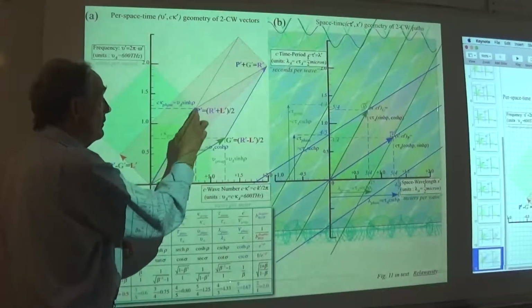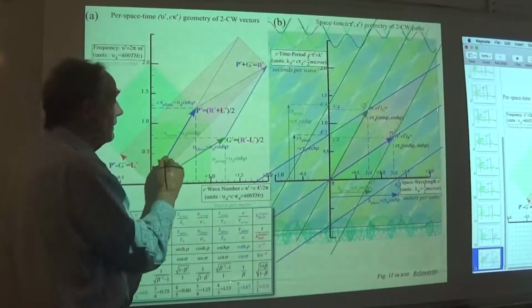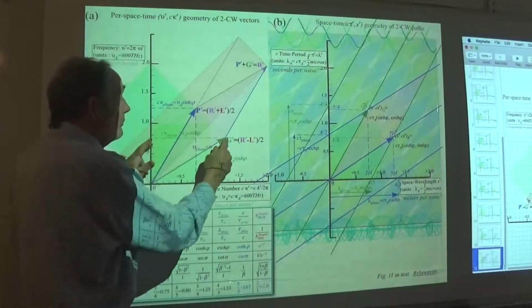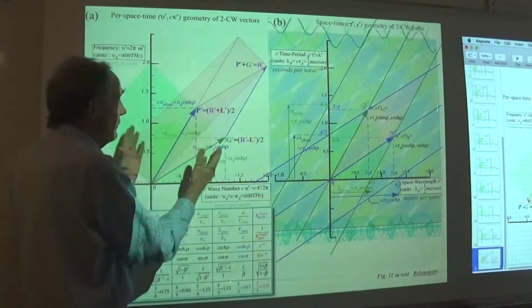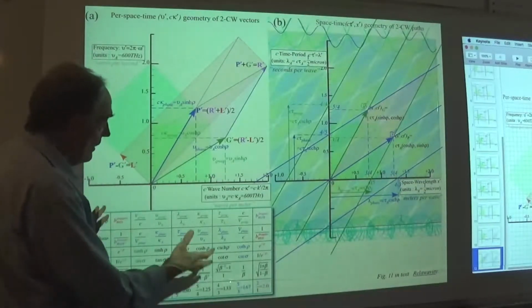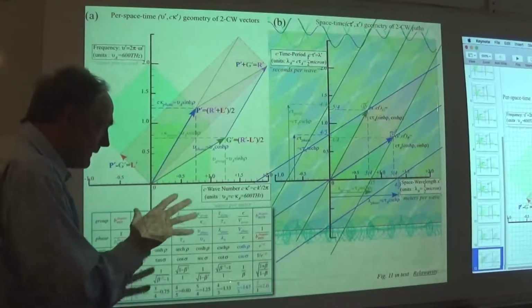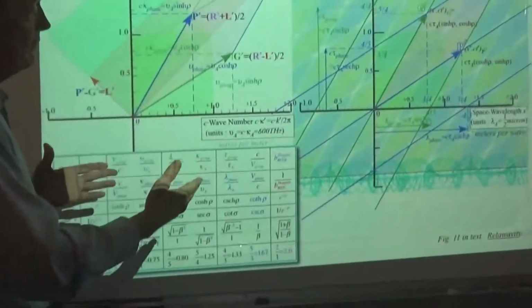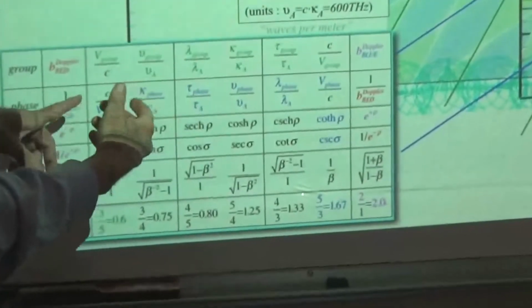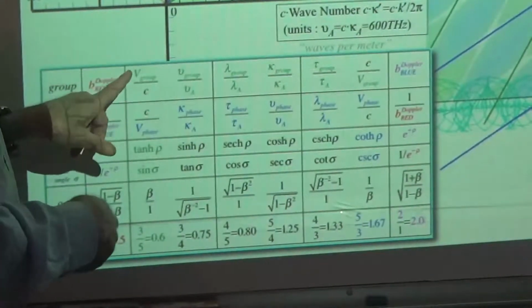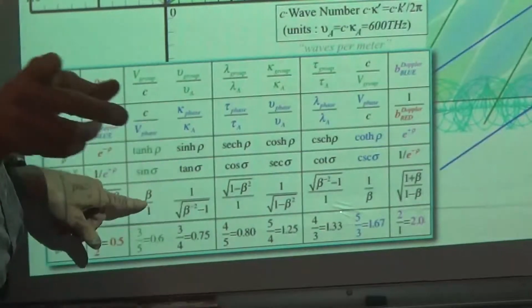So these distances that we've just figured out here for sine hyperbolic and cos hyperbolic are used by both the group and the phase, just interchanged. They are reciprocals of each other. And this is the table that I collect from all of this geometry here. We're doing all of the geometry of space and time by looking very carefully at the quantities. Velocity is the one you brought up.